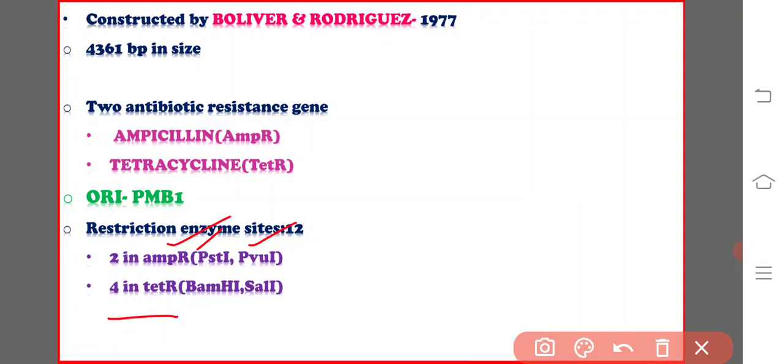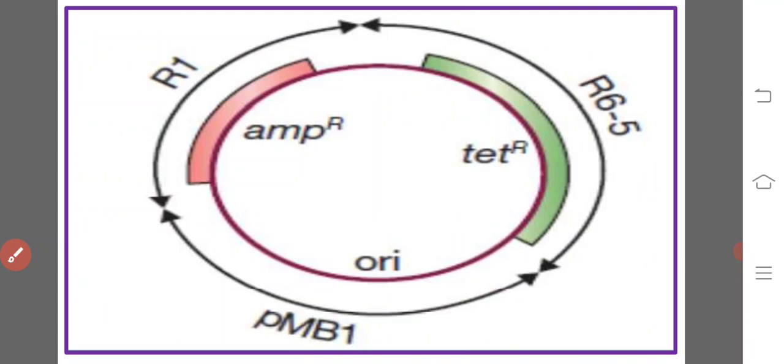Apart from them, there are 2 more given: BamHI, Bacillus amyloliquefaciens, and SalI, Streptomyces albus. These are the characteristic features of the plasmid pBR322.